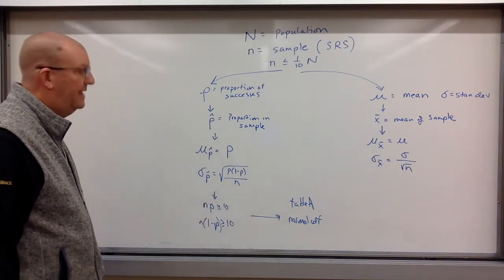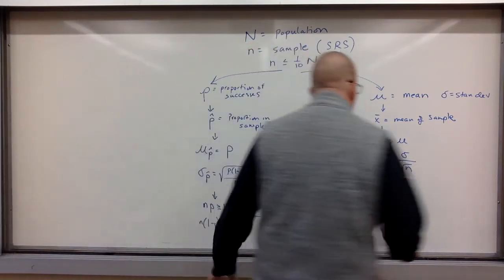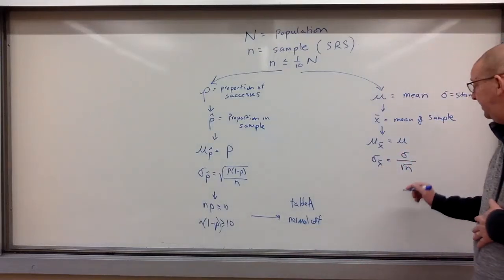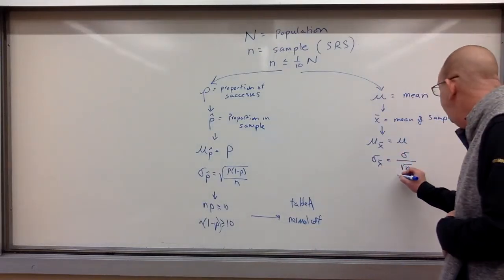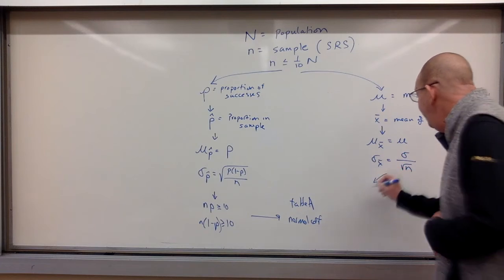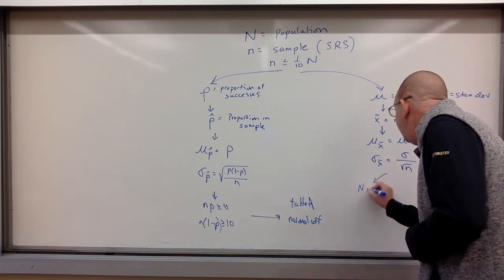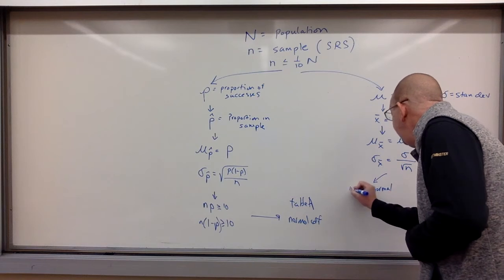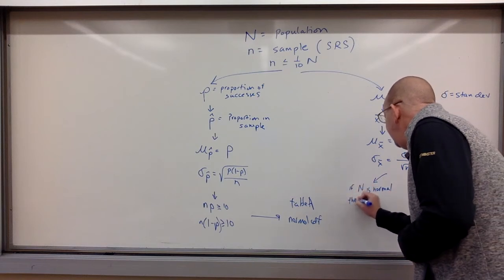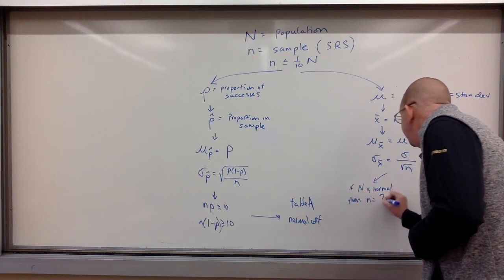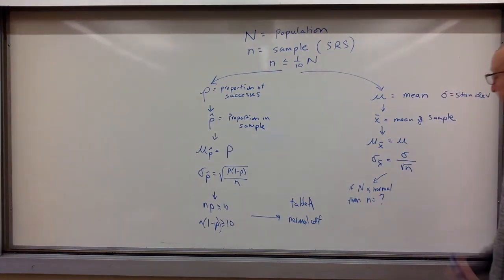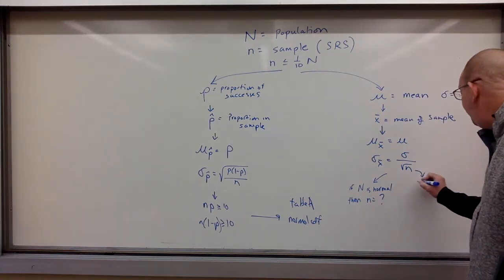Well, there's your sample mean, your sample standard deviation, and then whatever you're trying to find out, right? Okay, now, how about over here? Well, we have two tracks we can take here on this side. One, if big N is normal, then the size of little n doesn't matter. It can be anything we want. But what if big N is not normal?